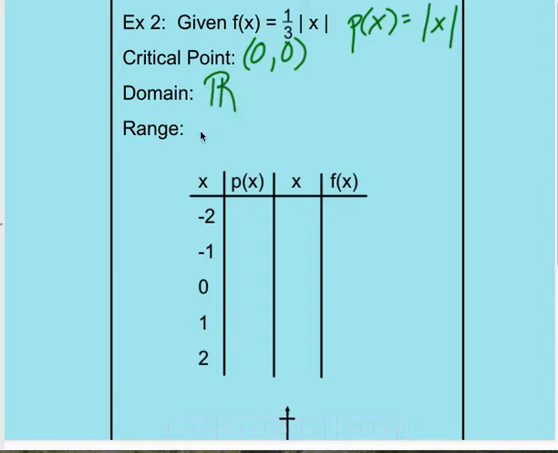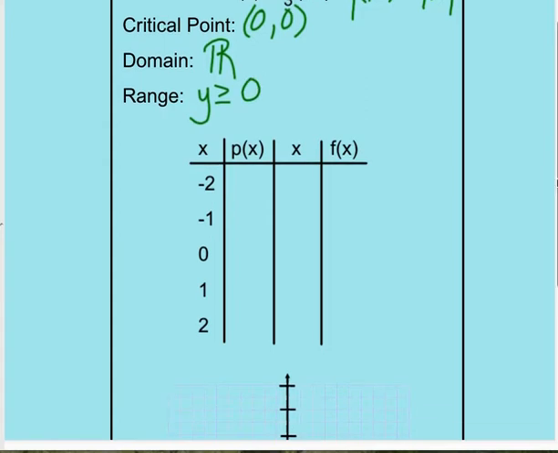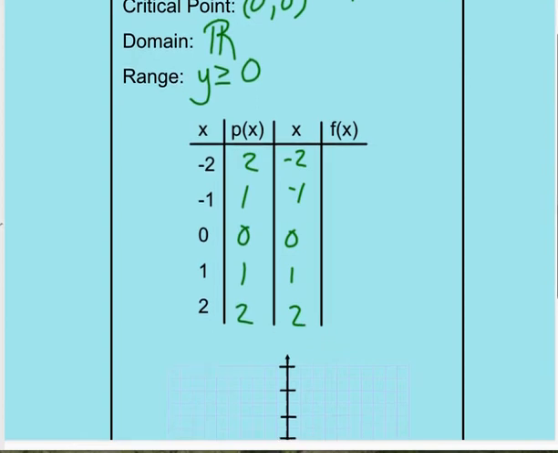No reflections, so our range is still greater than or equal to 0. So for our parent function values, all of these will become positive. It's still a vertical compression, so my x values stay the same. And I'm going to multiply my y values by my compression of 1/3.